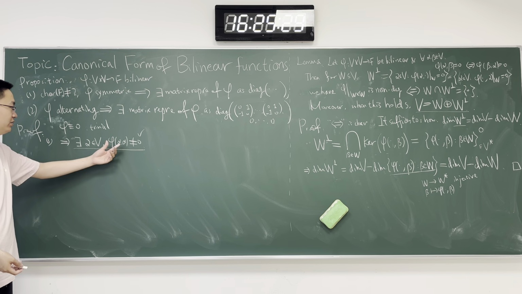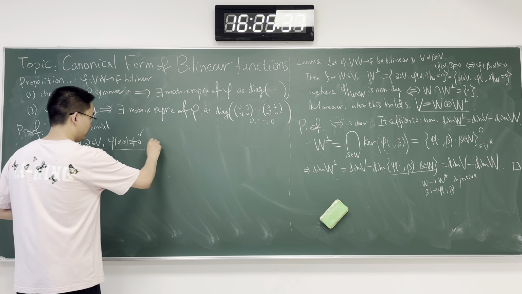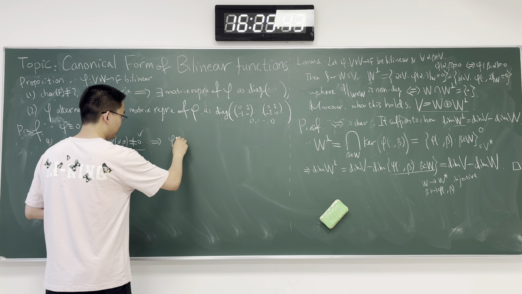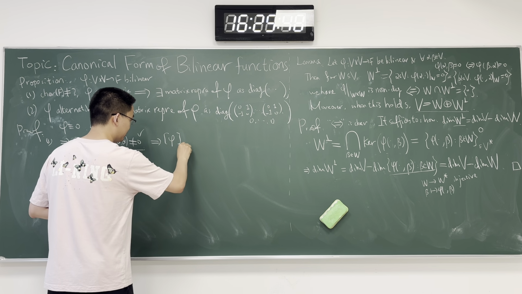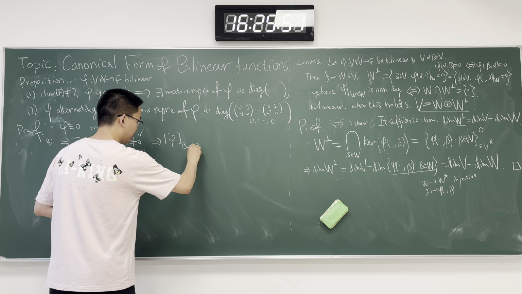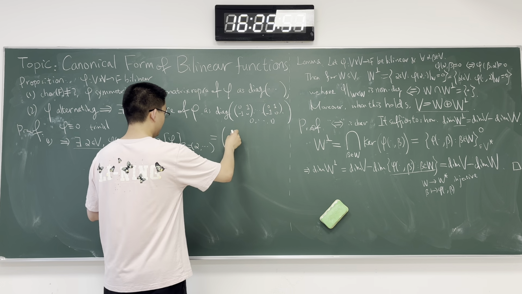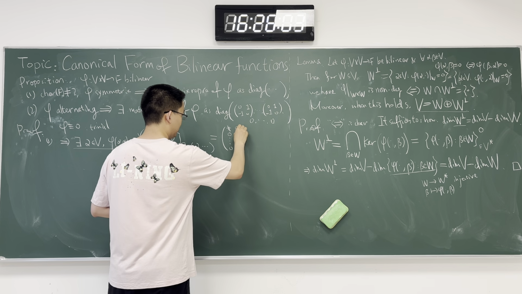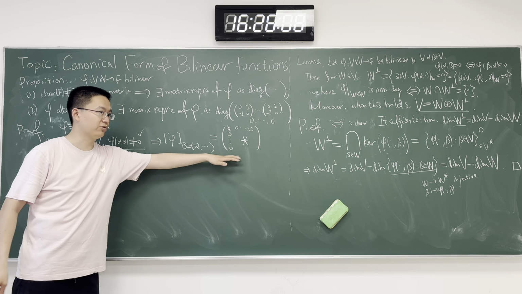This just means that we can take alpha to be the first basis vector in our basis B. So phi can be written with respect to the basis B, starting from alpha, with a non-zero entry in the first position. It can be congruent to such a form.